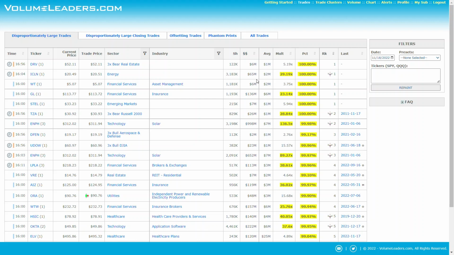That's important because we know they are likely to defend that trade and push price away from that point. Now, the tricky part is always trying to figure out which direction they're going to take it. But this at least tells us that an institution has taken a stand and put some money on the table, or alternatively, taken some money off the table, and both are important for different reasons.